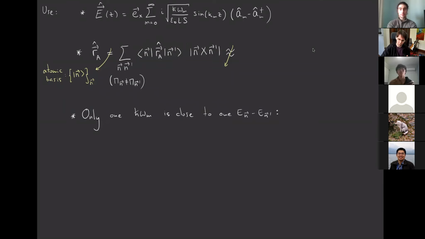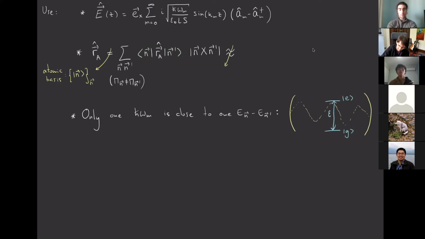So the situation I am describing is essentially the situation in which we have the cavity and we have the atom inside. The cavity has many modes, but actually only one of these modes, which has some frequency omega, is resonant with the transition between a ground and an excited state of the atom at some frequency epsilon.